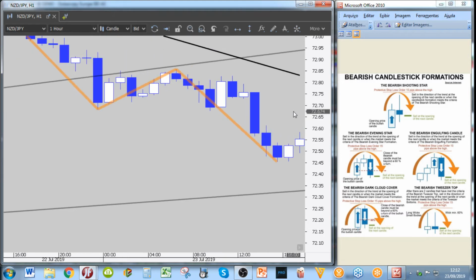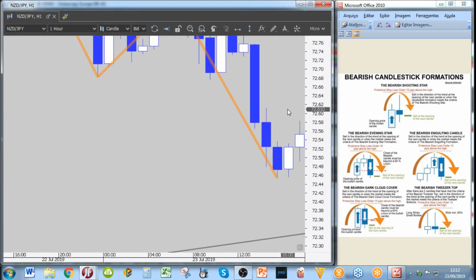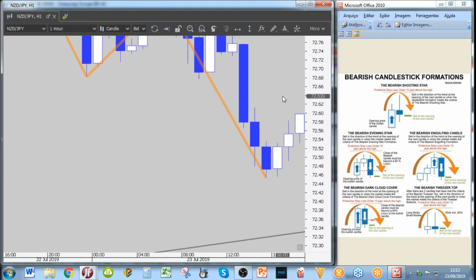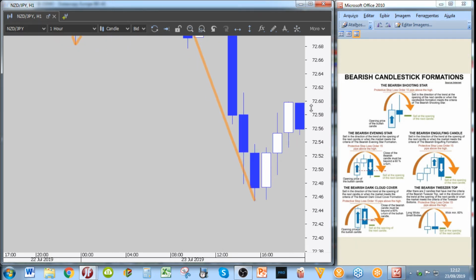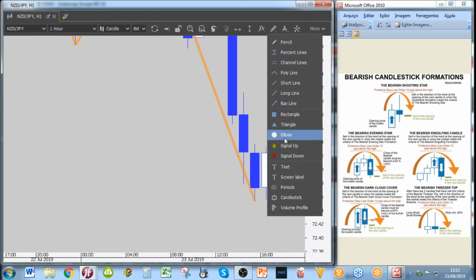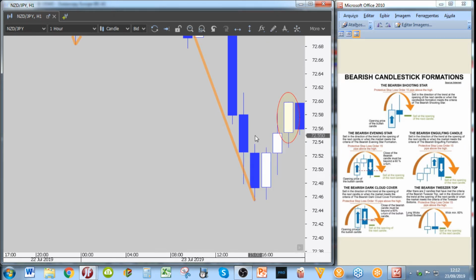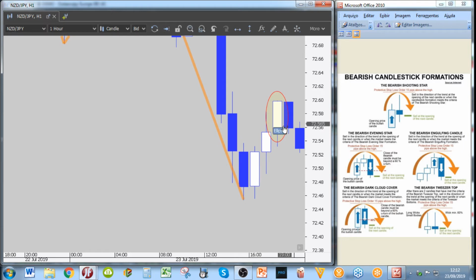Okay, let's wait, let's zoom in. So it's going up, sideways. Okay, so what is this one? Is this one more? Okay, because I cannot take, there you go. So is this a bearish candlestick formation? This one? Look at the bearish candlestick formations, and what is this?